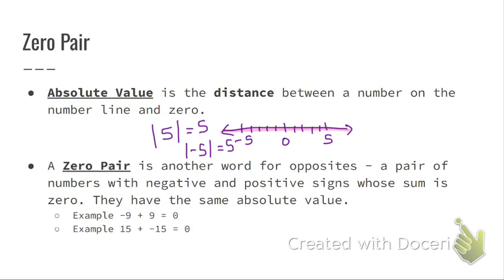So negative 9 plus 9, 0. Positive 15, negative 15, 0. If I go down 9 steps and then come back up 9 steps, I'm back to where I started. Or if I deposit $15 and then immediately spend $15, my balance is 0.